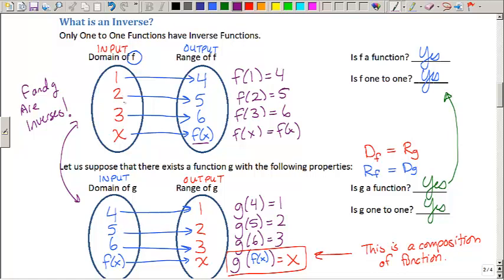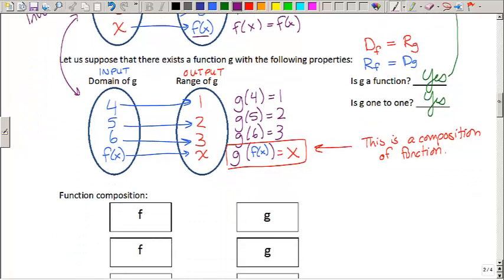I started with 2, I'm ending with 2. Let's jump to the last one. If I plug in x to my function f, I'm getting f of x. When I take that f of x and I plug it into g, I'm getting g of f of x, but I should result in what I began with. Whenever you go through both functions, you should be getting out itself.